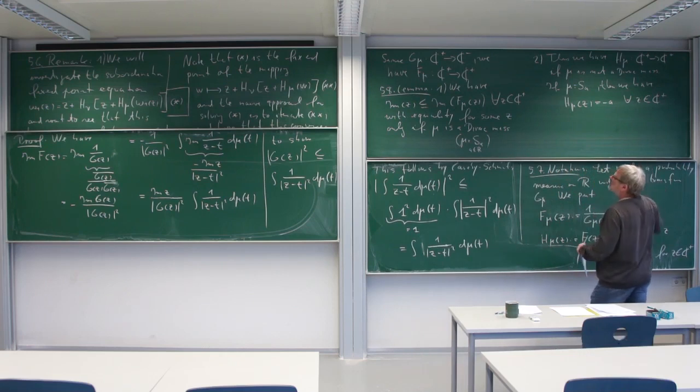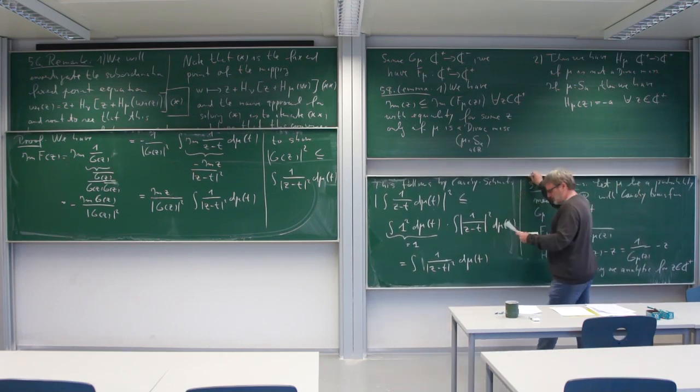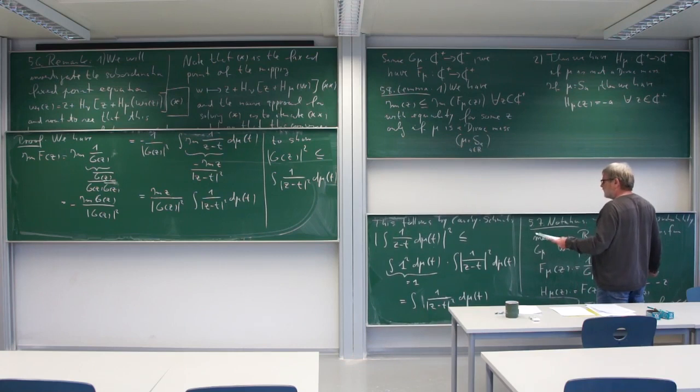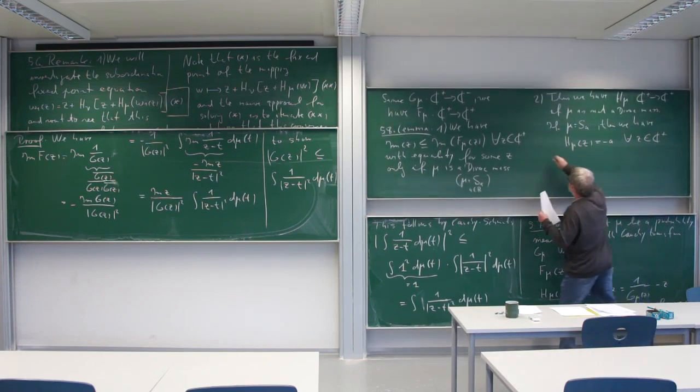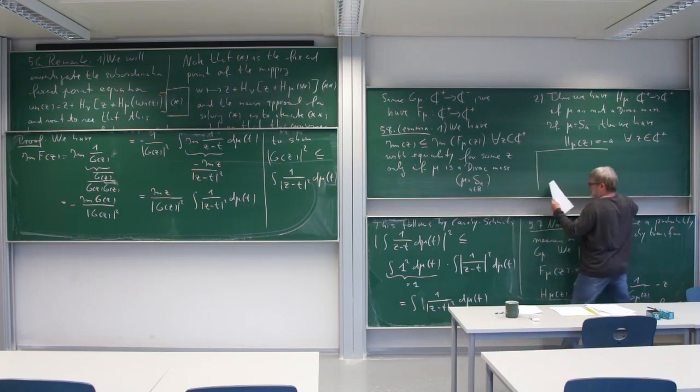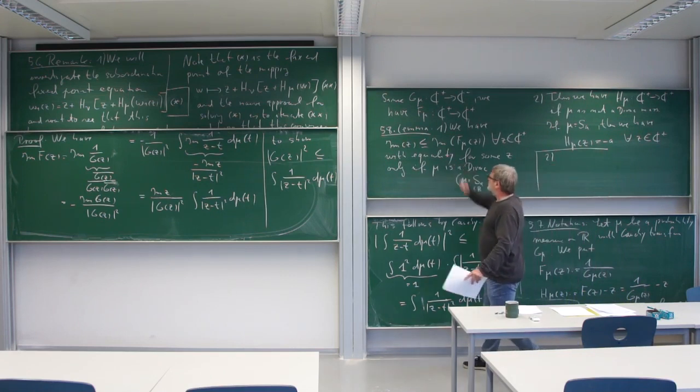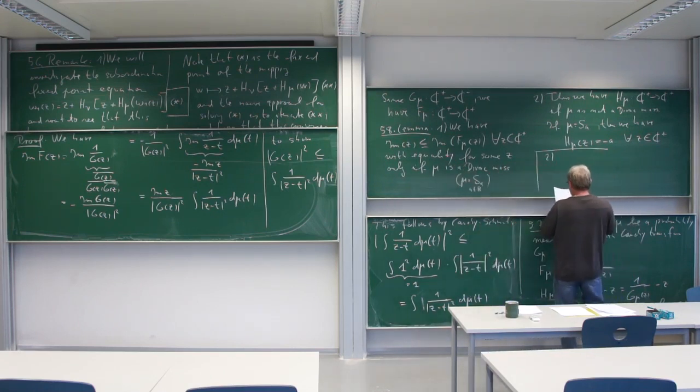Okay, so this shows then also the equality part. And then, of course, the second point is then also clear. If I don't have a Dirac measure, then I have a strict inequality here, and then of course I can estimate the imaginary part of h.